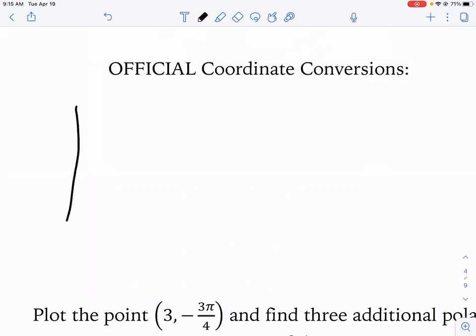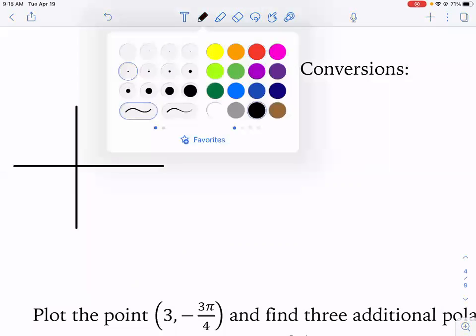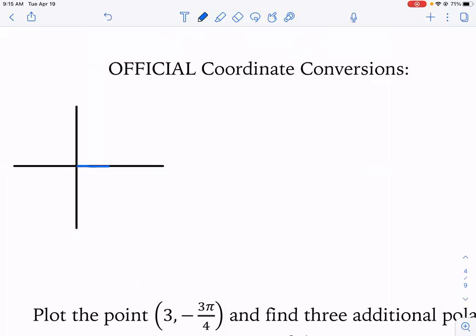In blue, we're going to go right or left X, and then up or down Y to get to our coordinate. Now, in red, we are going to rotate theta and move out R.